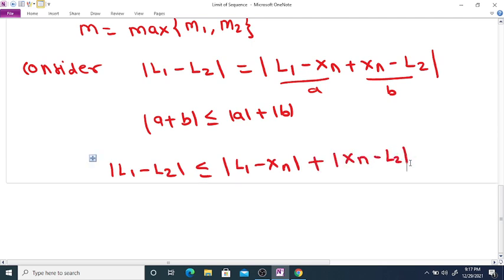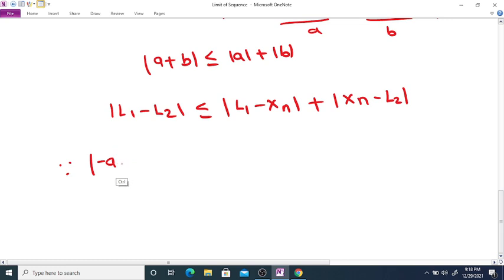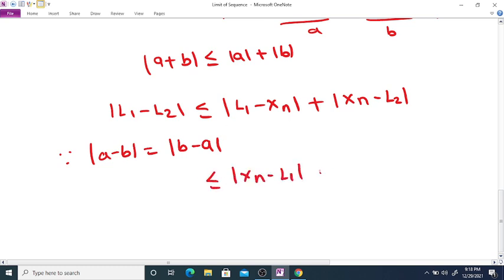Since mod of a minus b is the same as mod of b minus a, we can write this as less than or equal to mod of x_n minus L1 plus mod of x_n minus L2.